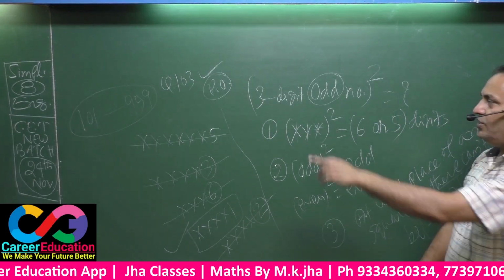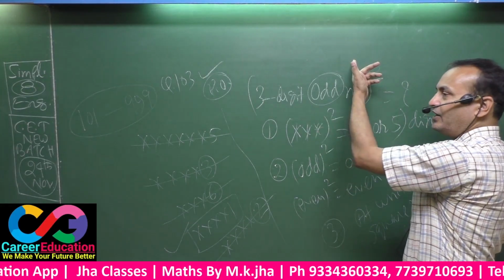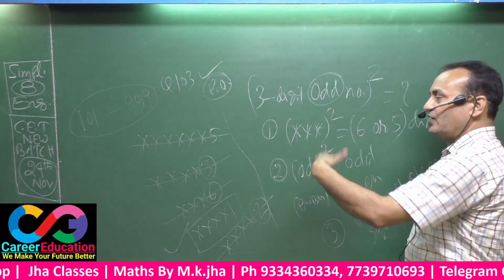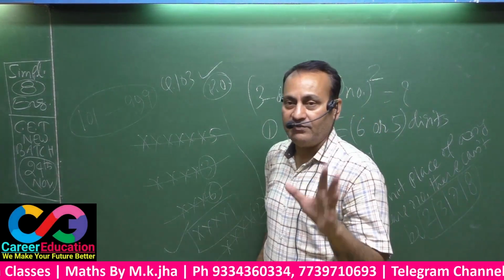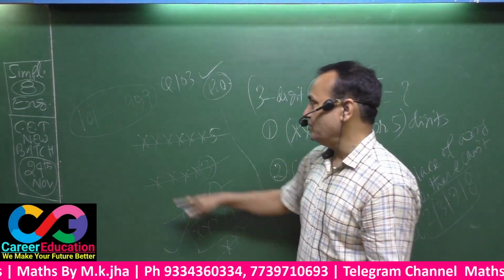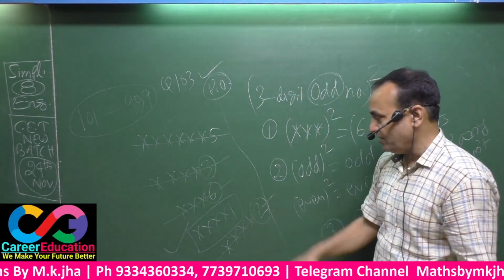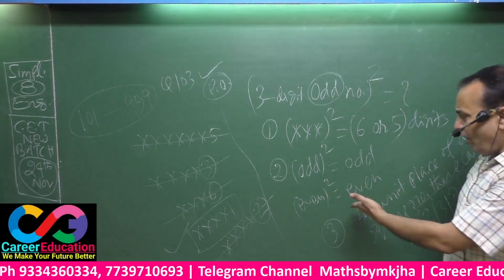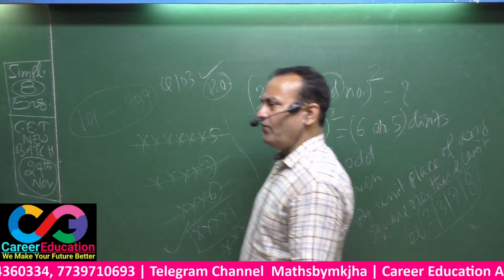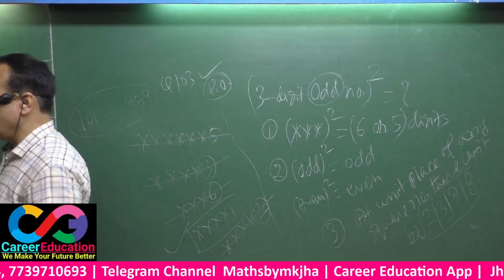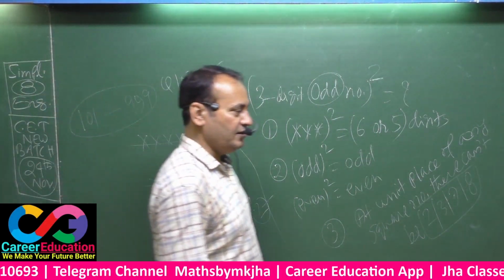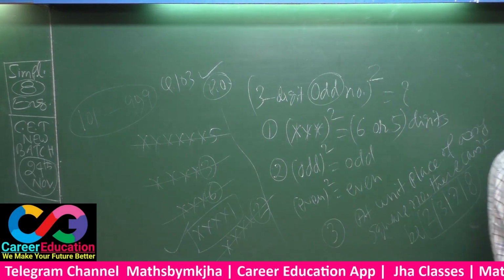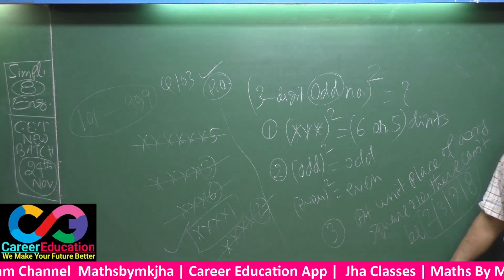That means since a 3-digit number has been squared here, in the answer there will be only either 5 digits or 6 digits. That's why this has been rejected. Now, at unit place of any square number, 2, 3, 7 or 8 can never be possible.